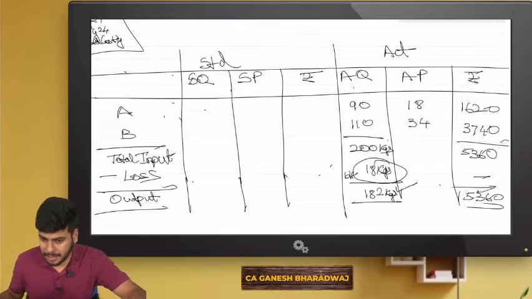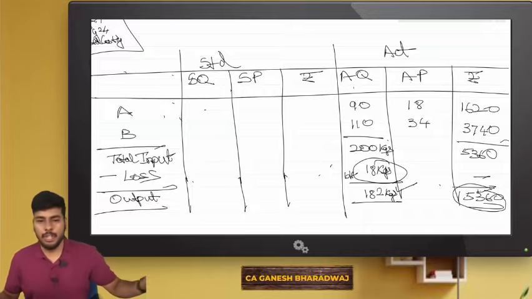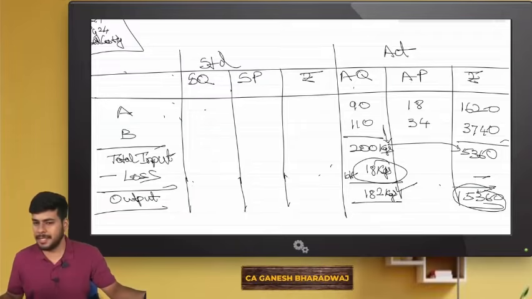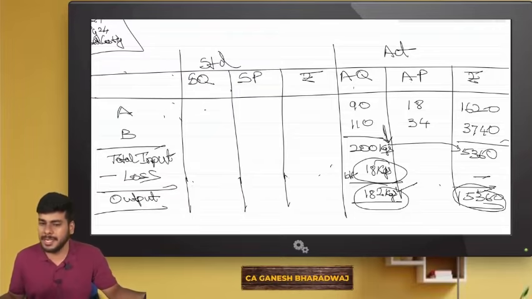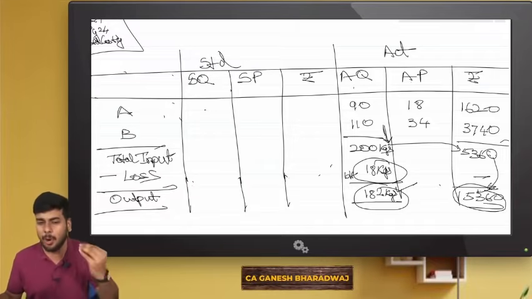How this is 5360? See, I'll tell you, you need to input 200 kgs, correct? And the cost incurred for 200 kgs is 5360, correct? And only if you incur 200 kgs, you will get good output of 182 kgs. So basically, 5360 is the total cost I am incurring in order that I get a good output of 182 kgs.